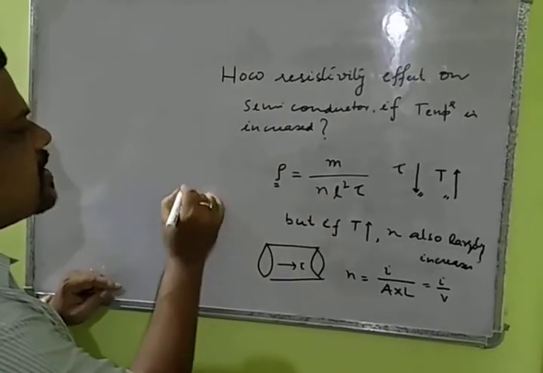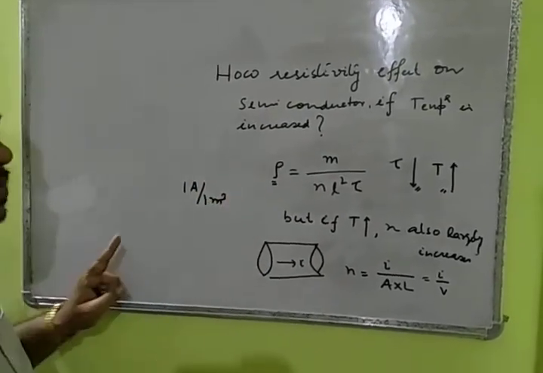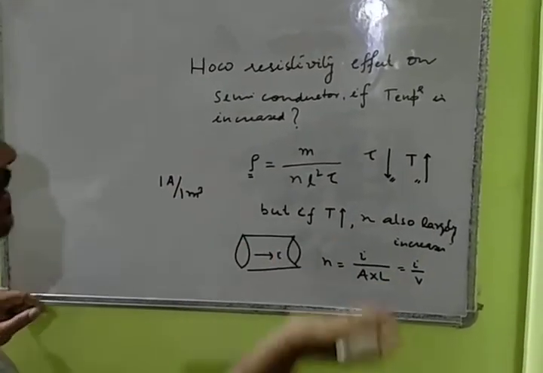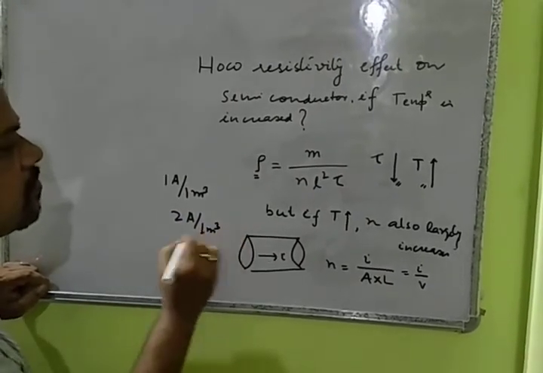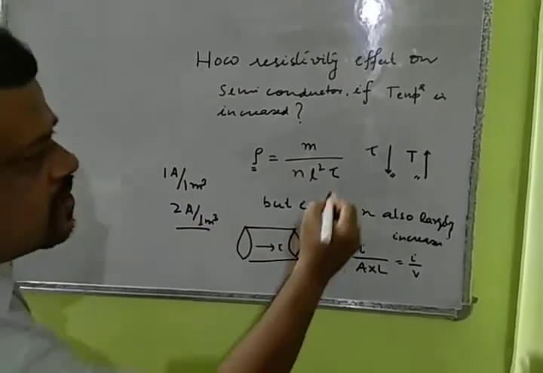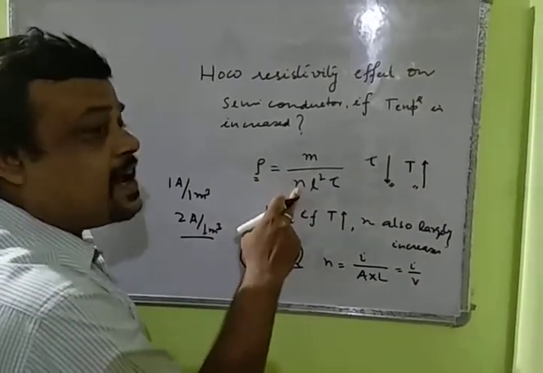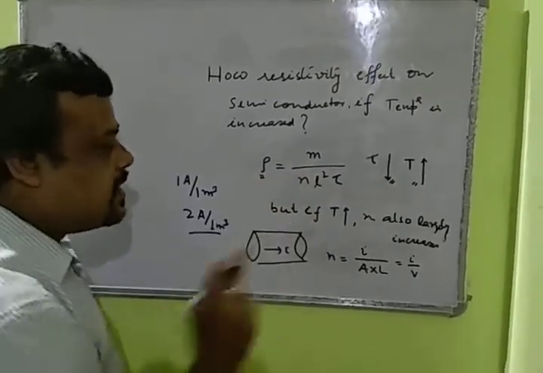Previously suppose there were some carriers in 1 meter cube, but as temperature increased, there are double per 1 meter cube. That means n is increased. So tau is decreased, due to which resistivity will be increased, but n heavily increases, due to which resistivity will be decreased.